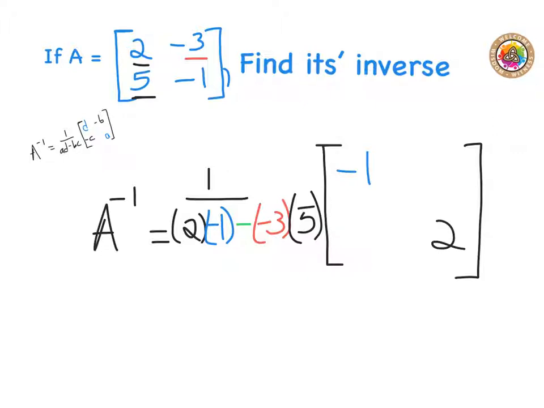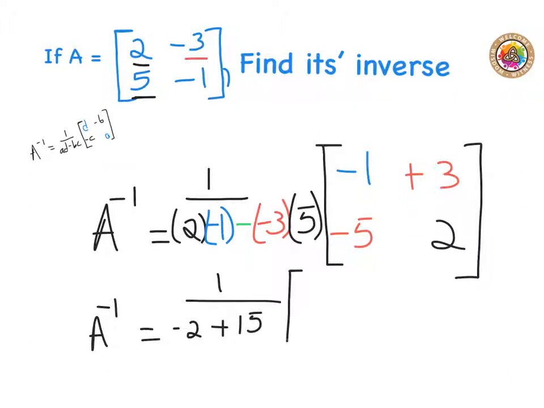Now the minus 3, I change the sign on it, so it becomes plus, and my 5 becomes a minus 5. Okay, and so I continue on here. A inverse is equal to 1 over 2 by minus 1 is minus 2, minus by minus is plus, and 3 by 5 is 15. And here I have minus 1, 3, minus 5, and 2.